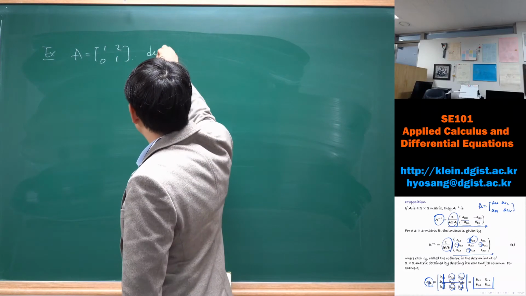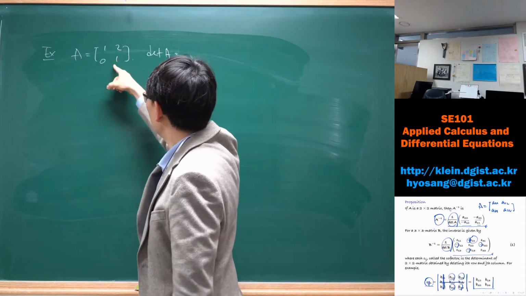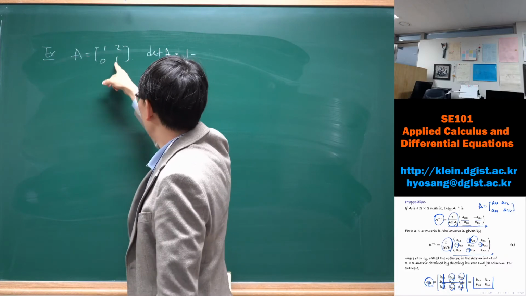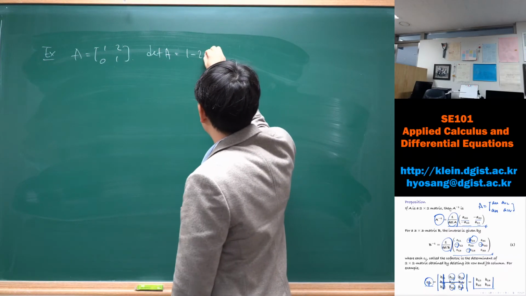What's the determinant? 1 times 1 minus 2 times 0, which is 1.